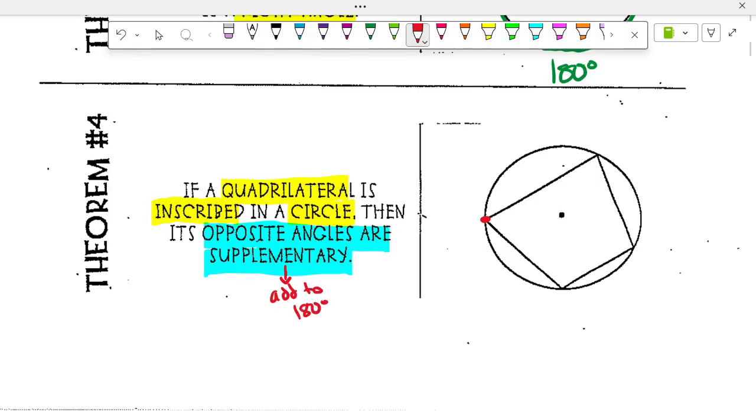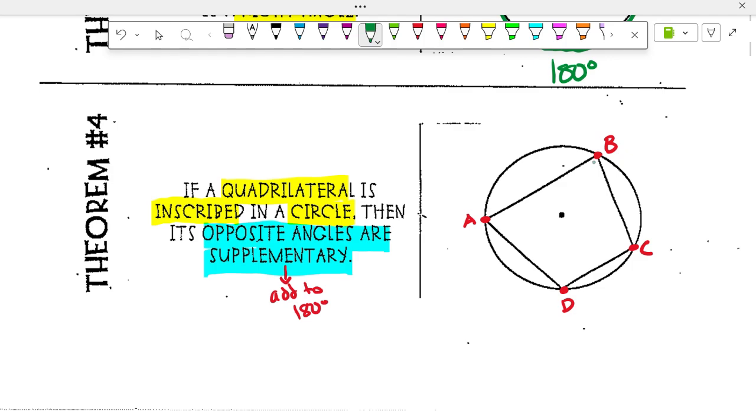So let's look at this right here. Let's call this quadrilateral ABCD. Someone name me one pair of opposite angles.